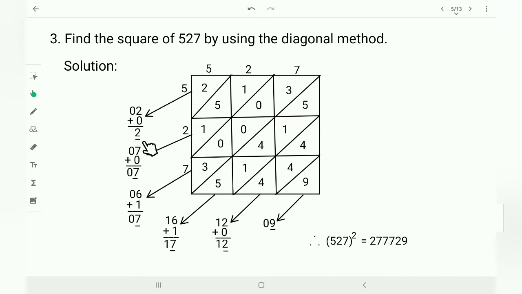Then I will write all underlined digits together. Then it will give the square of 527. So here you have got the square of 527, 2,77,729. So like this you can solve.